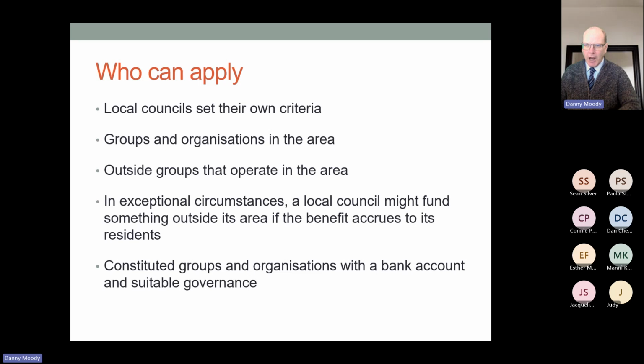So it would be unusual for a parish council to give money to a private individual for obvious reasons. That private individual might disappear the following day. So ideally, they're looking for a group that has a constitution, that has a bank account, that has a chair, a treasurer, a secretary, so that there is some kind of safeguard for that public money if they award a grant.